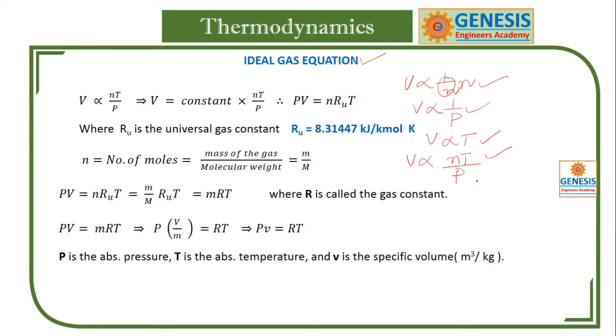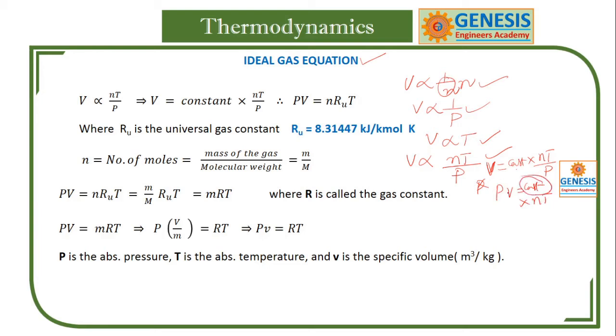If you remove the proportionality constant, V is equal to constant into NT by P. Then it becomes PV is equal to constant into NT.